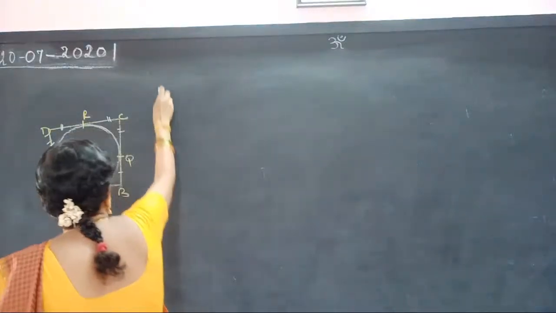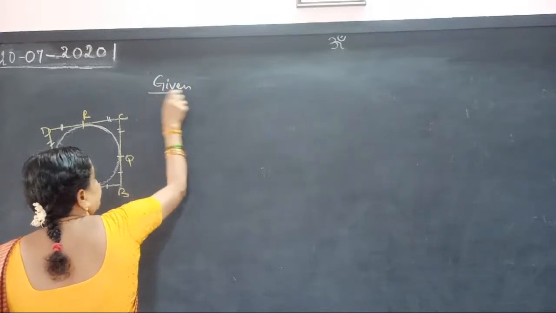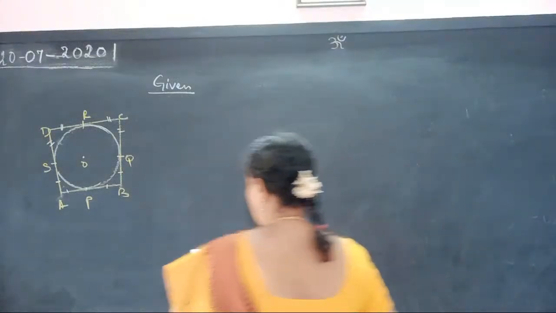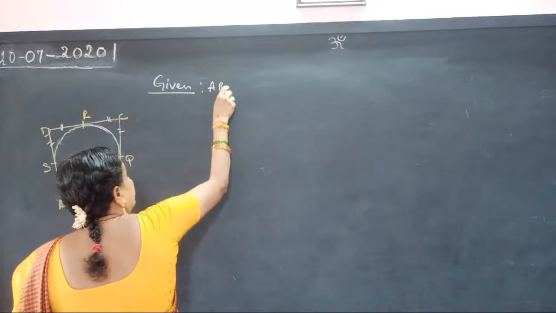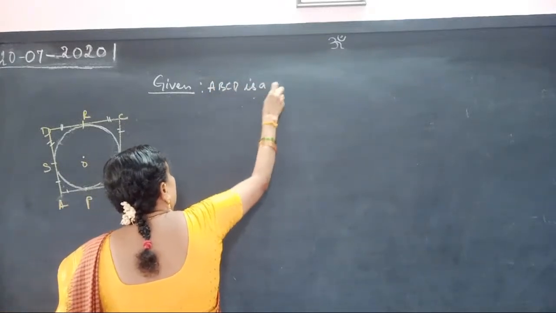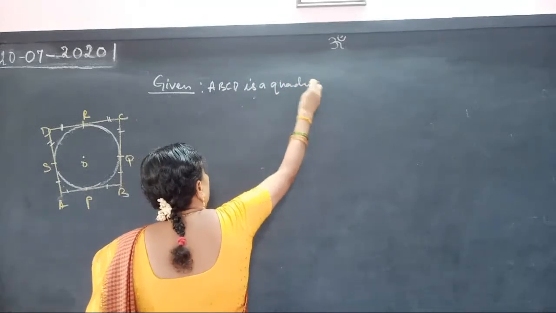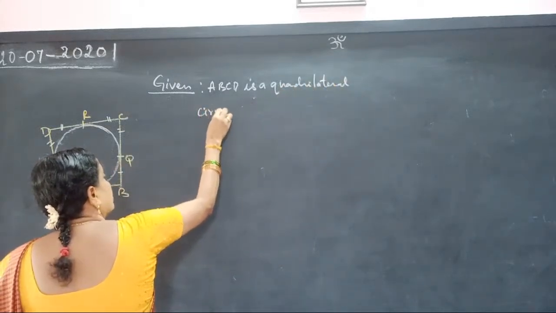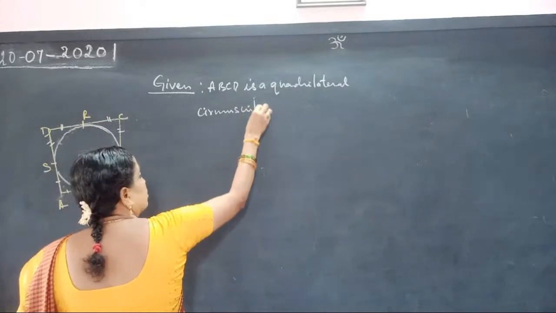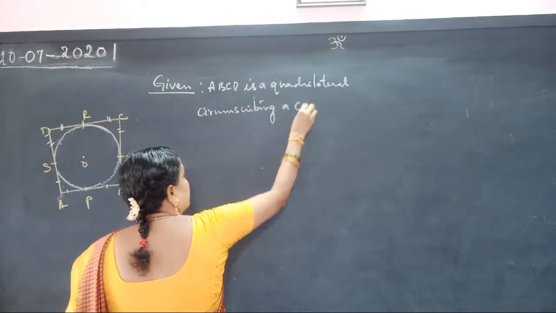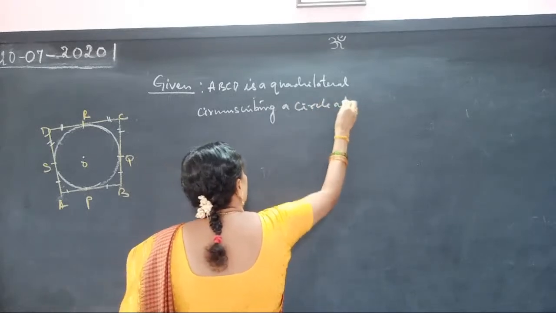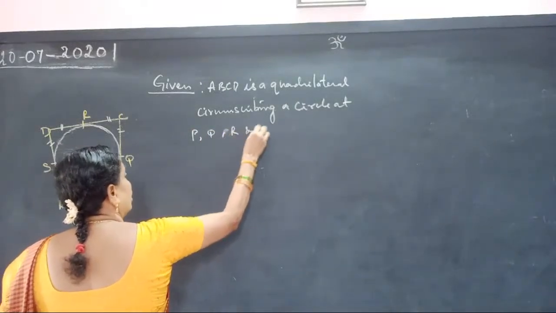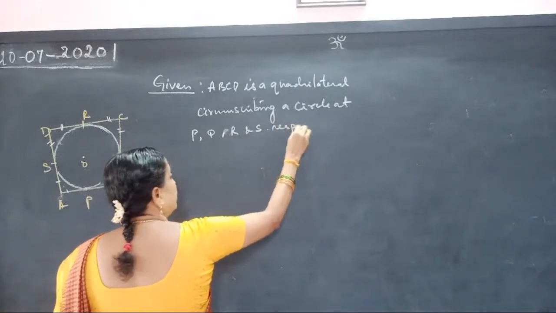Right, with the figure you write. Given: ABCD is a quadrilateral circumscribing a circle, touching at P, Q, R and S respectively.